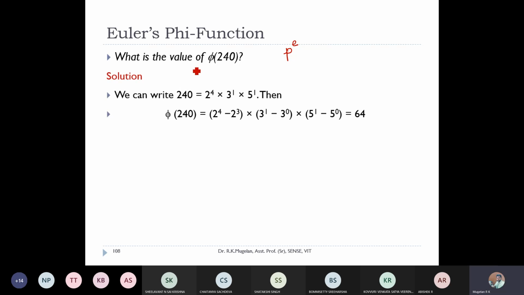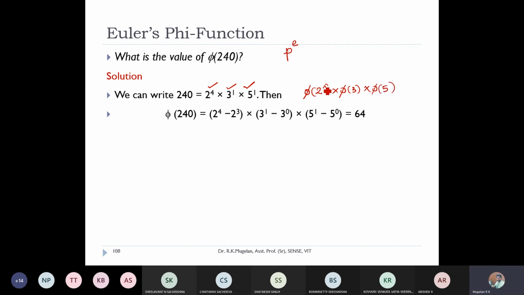If you take your common factors, HCF, you can write 240 as 2 power 4 into 3 into 5. So phi of 240 I can write as phi of 2 power 4 multiplied with phi of 3 multiplied with phi of 5.